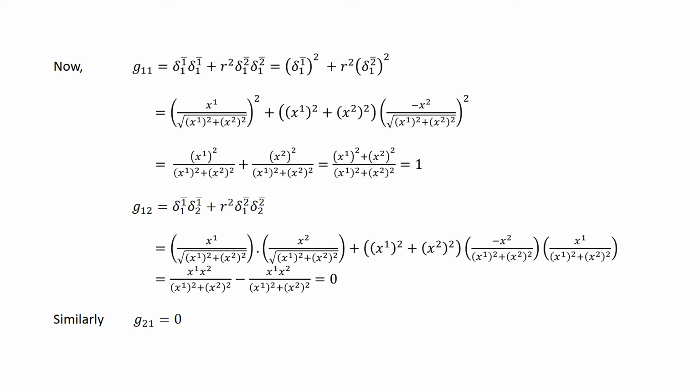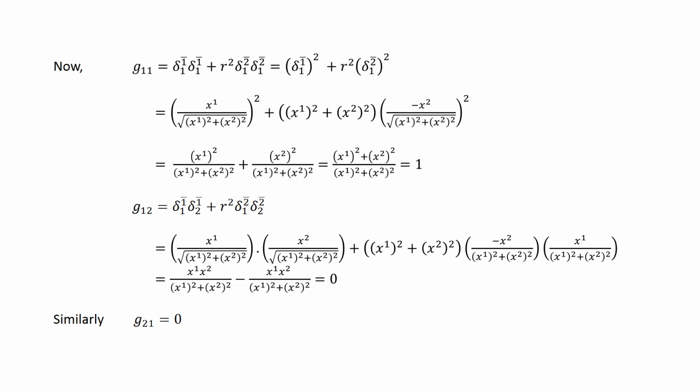Now we need the second term g12. Actually, we have g 1 bar 2 bar in polar coordinates, so in Cartesian coordinates we need g12 equal to delta 1 bar 1 delta 1 bar 2 plus r square delta 2 bar 1 delta 2 bar 2.